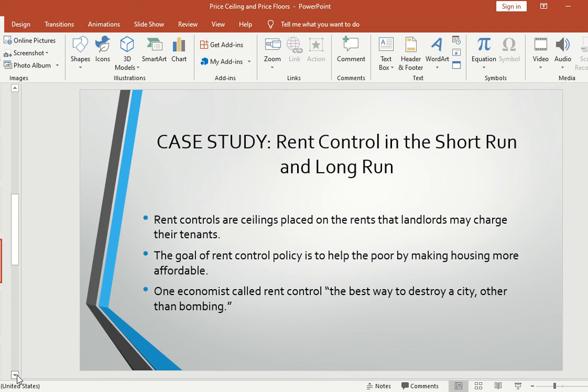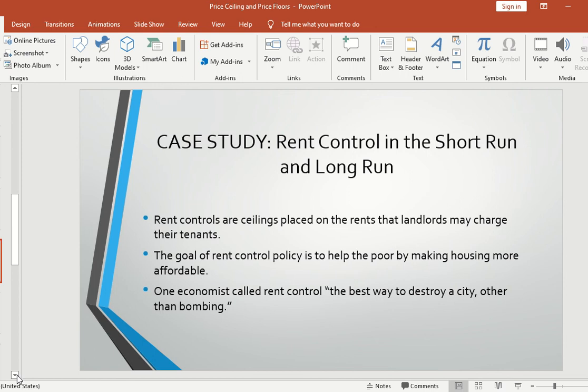Rent controls are obviously price ceilings, because rent controls are imposed when policymakers think that the price, the ongoing rent, is too high. So policymakers impose a price ceiling so that nobody can charge rent that is higher than the price ceiling. So rent controls are definitely price ceilings.